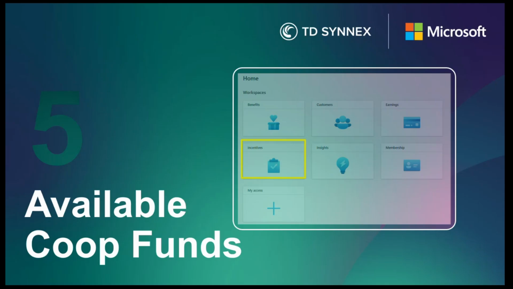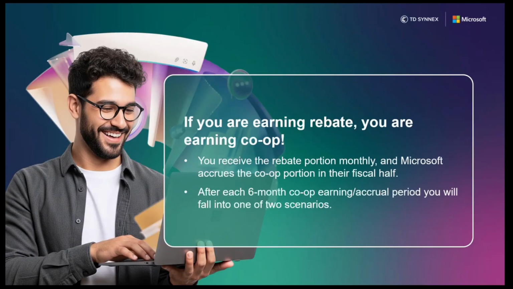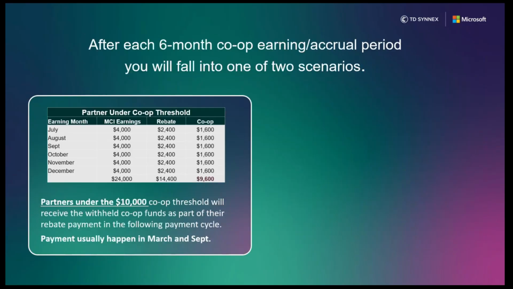Okay. Now, that report I talked about, like, well, what if you're under the co-op threshold, you saw that dip up and the dip down. If you are above that 10K co-op threshold, then you also want to stay on top of that. So again, if you're earning rebate, you're earning co-op, but the co-op is accrued over 6 months. After the 6 months, you fall into two scenarios. So you're in the under 10K of co-op earnings. So this would be an example.